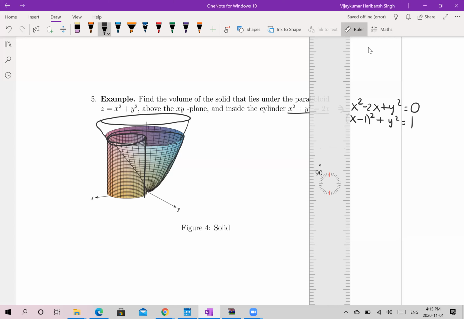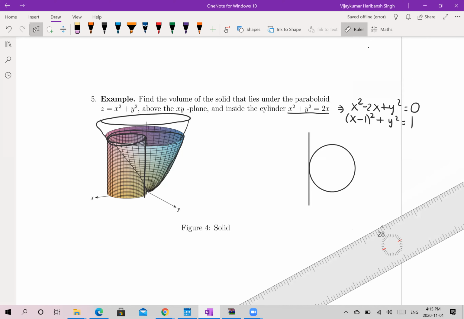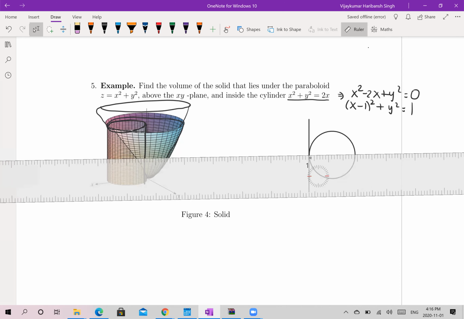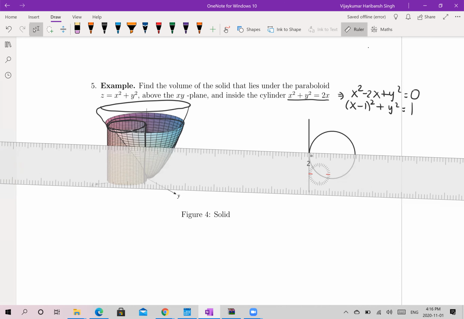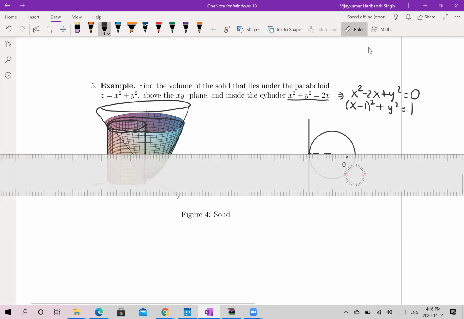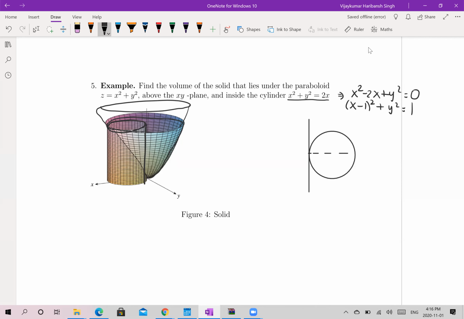When I draw this, this is how the footprint will look. This is your y-axis, this is your x-axis, and this point is going to be 1 comma 0.